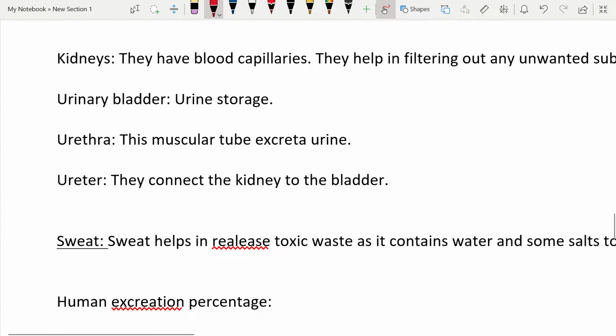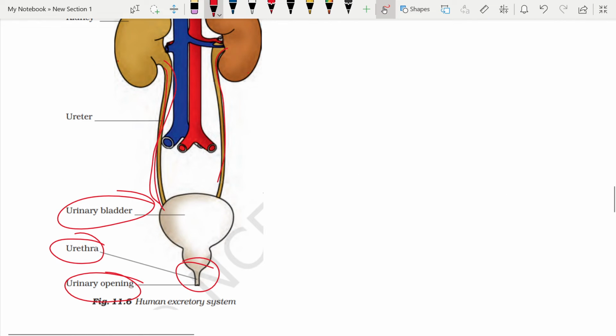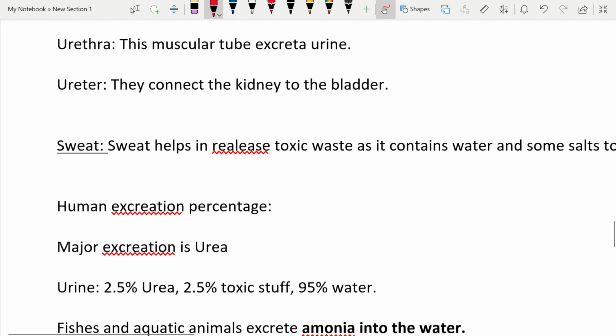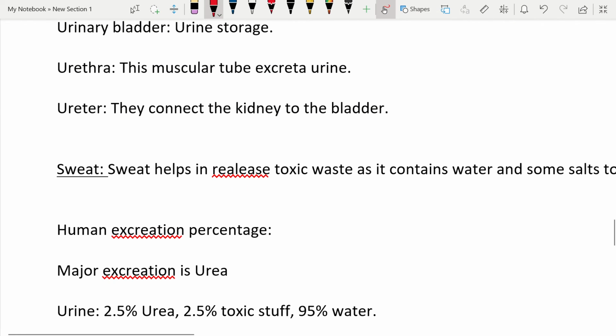This muscular tube excretes urine. So it has muscles that help the urine come out. Then ureter is these tubes. They connect the kidney to the bladder so that the unwanted waste can come down.